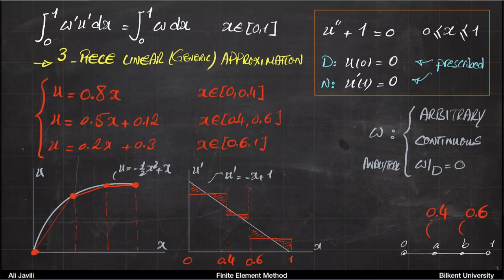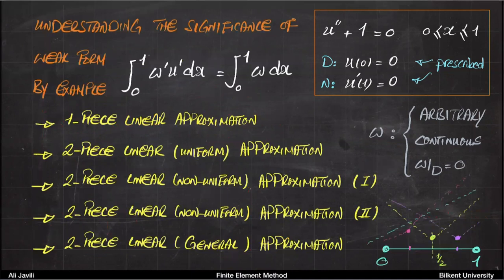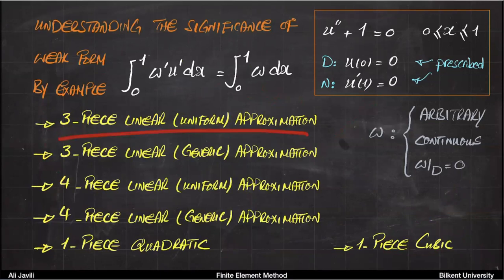All right. Very good. So that's what we wanted to do. Now let's go back to our menu that we started at the beginning. We had this strong form. We derived the weak form. We want to look into different approximations. We had done one piece. We had done the two pieces. Now we did also the three piece. We did the generic form.